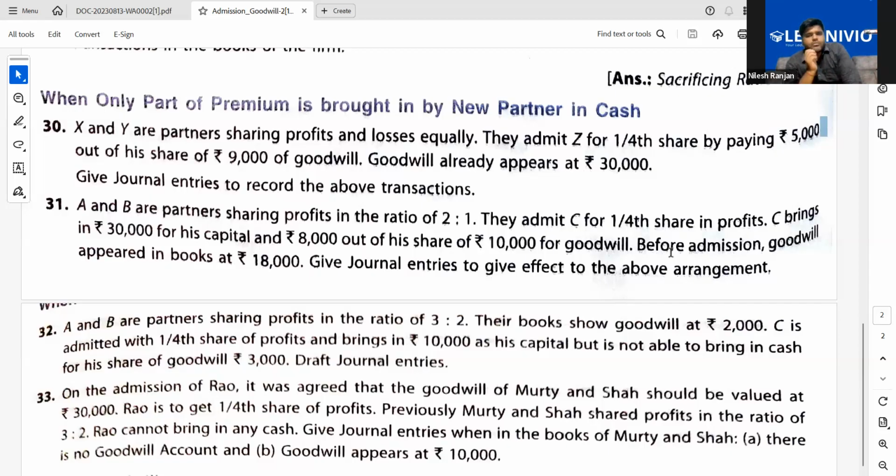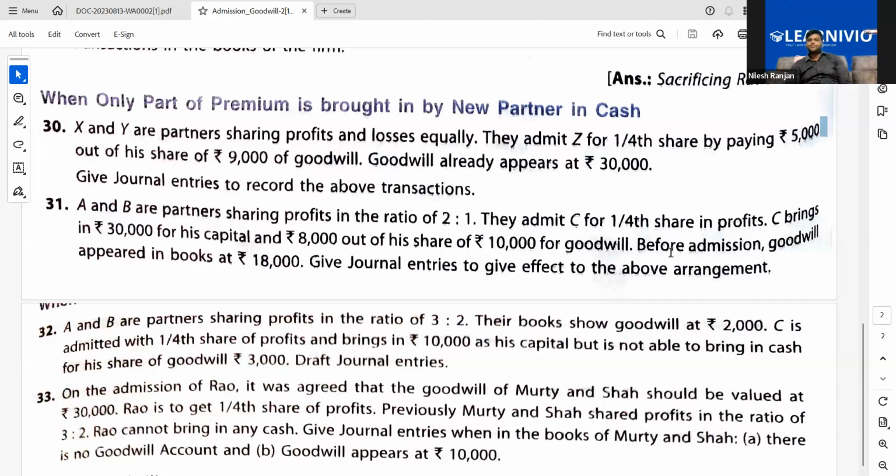What about the entry for bringing capital and goodwill? I don't know, I'll do that now. So what will be the entry? Can you tell me that?